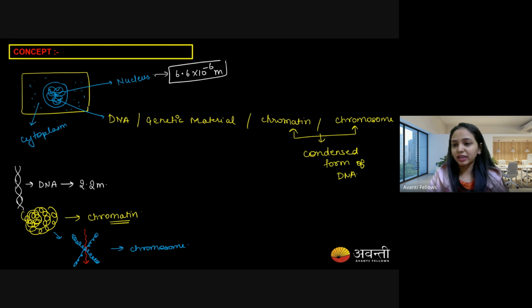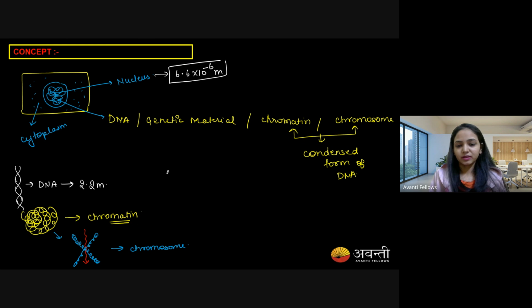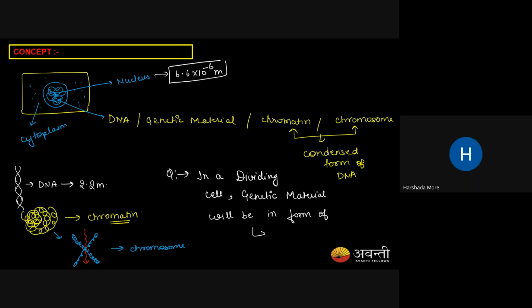So in this case, we can ask a question here. Let's write a question. In a dividing cell, genetic material will be in the form of chromosomes.